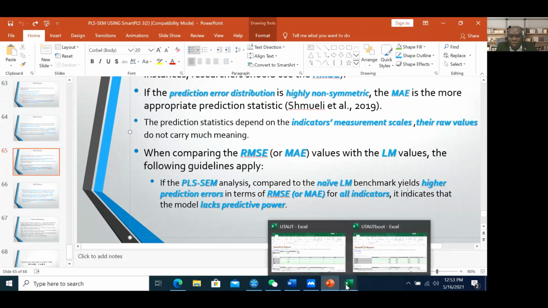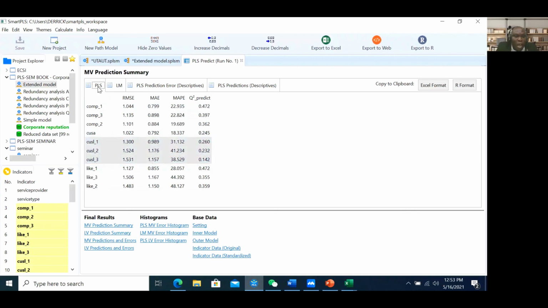So if the values under the PLS predict menu, this 1.3, 1.524, 1.532, are higher than these ones, then there's a lack of predictive relevance. This 1.30, this 1.315, so this is rather higher. The linear regression model is higher. This 1.544, this 1.524.